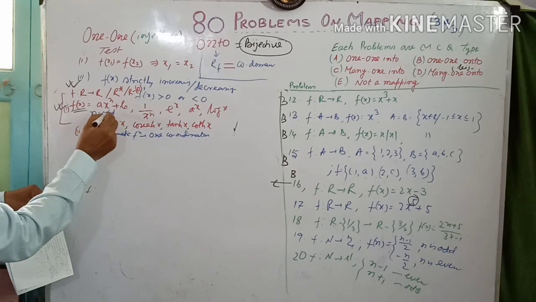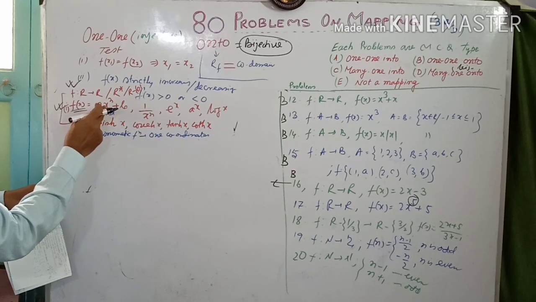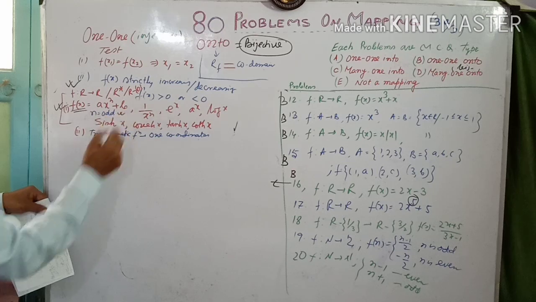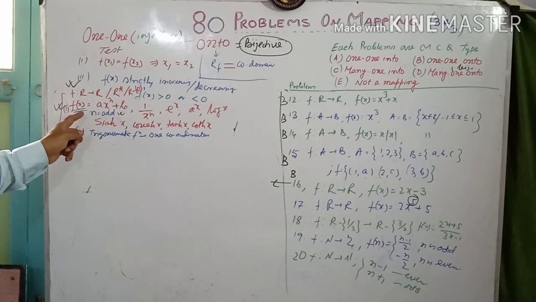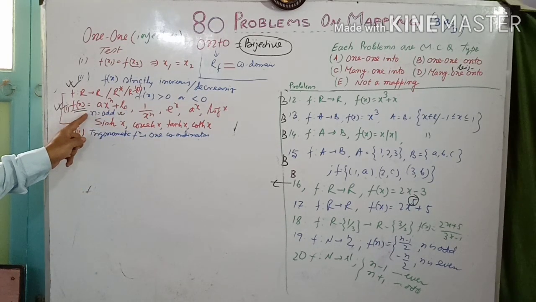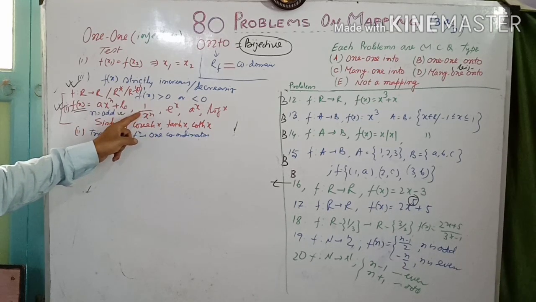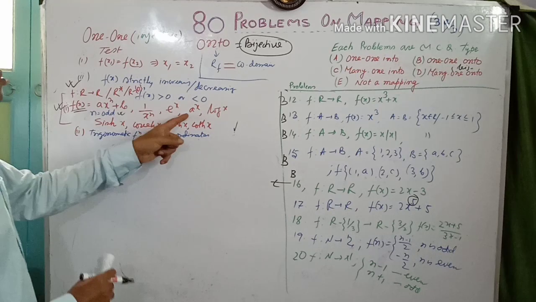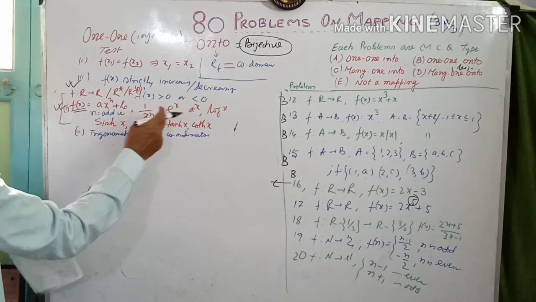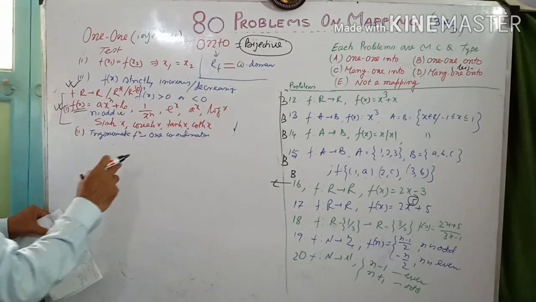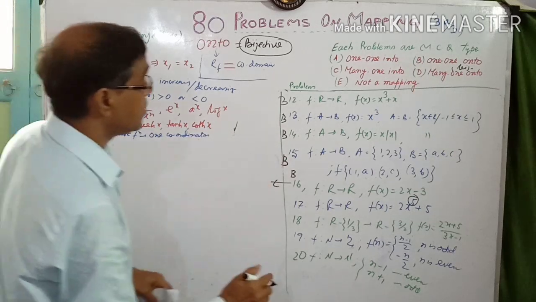If n is an odd integer, then this type of function is also bijective. 1 by x is also bijective, as are e to the power x, a to the power x, and log x. You can sketch these graphs and easily find the result.